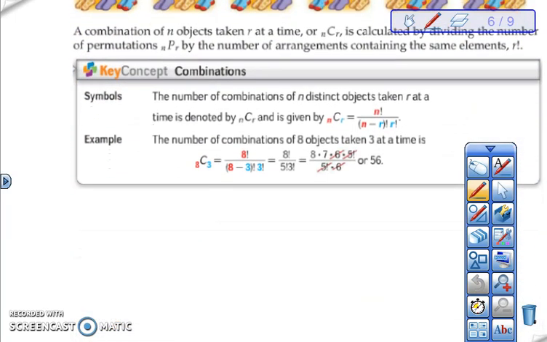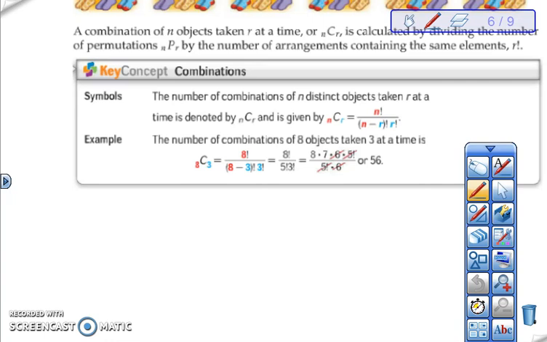Our last little thing to talk about is what is called a combination. So this works basically the same way as a permutation, only now the order that we place the things doesn't matter. So the number that we get should not be as high. So if you notice, we're still doing the factorial. We're still counting out the number of spaces based on the number of things we're choosing.